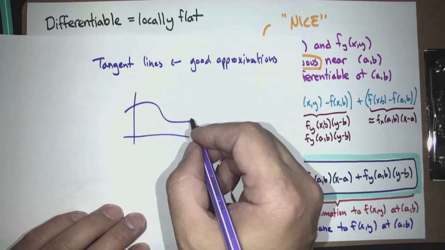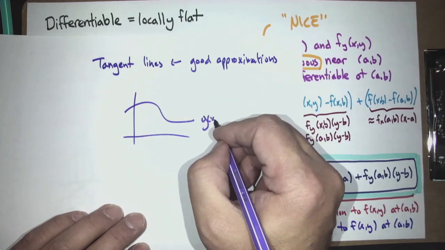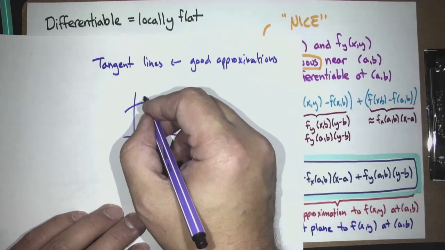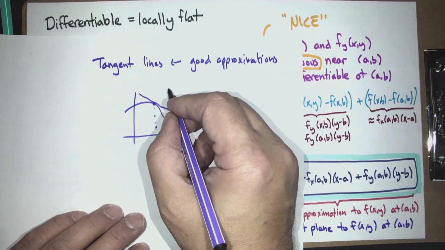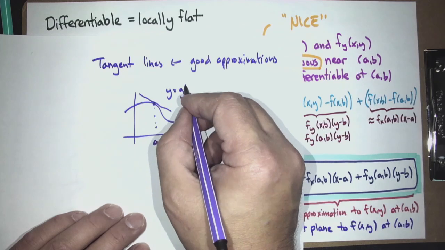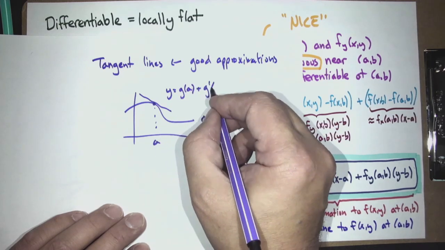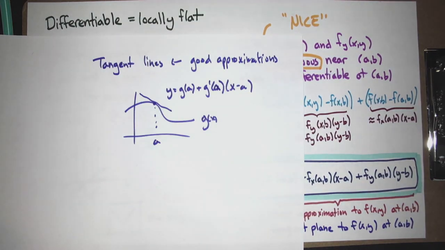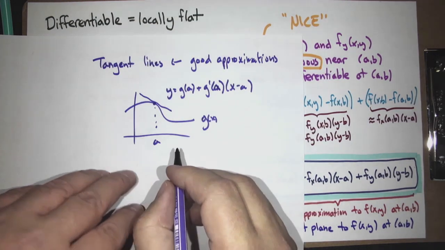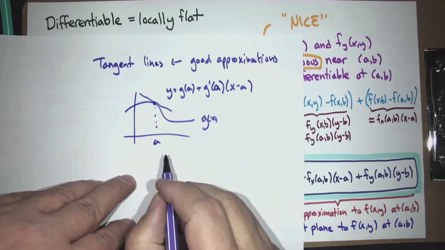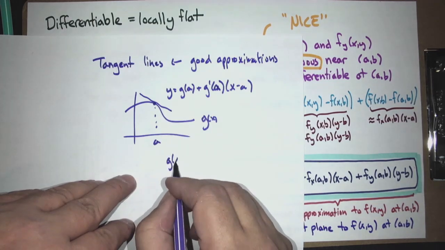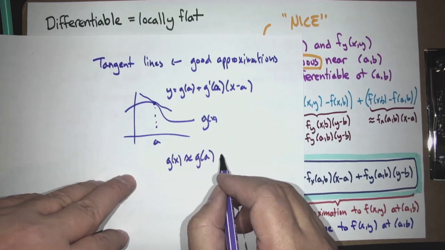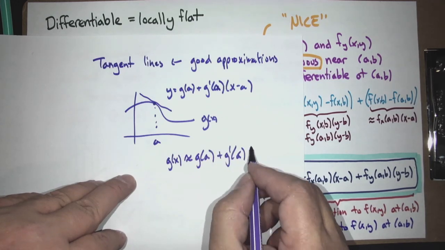So let's say this is g of x, and then I have my tangent line at a. My tangent line looks like y equals g of a plus g prime of a times x minus a. Put another way, g of x, the function, is approximately g of a plus g prime of a times x minus a.